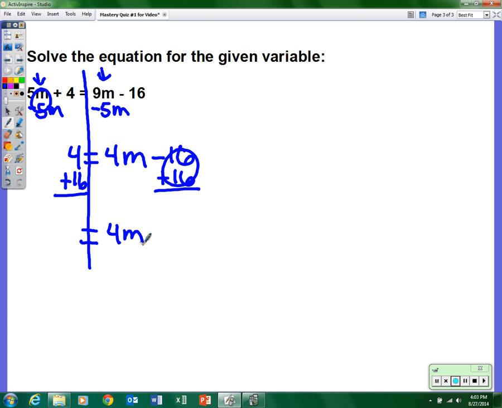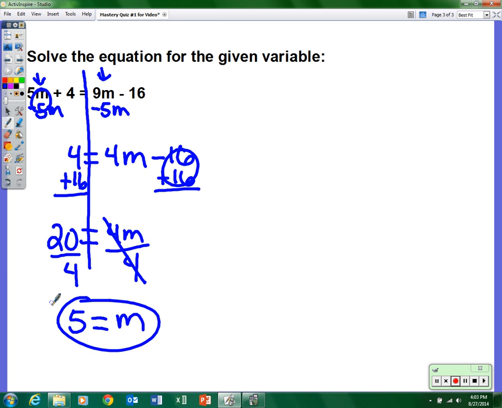And the left side is 20. Well, one step left. We're down to a one-step equation. Divide by 4. Okay, the 4's cancel. You're left with m equals 5. We have solved that equation.